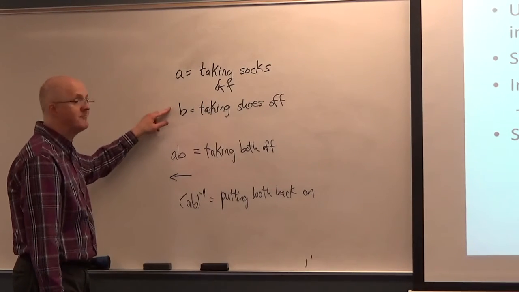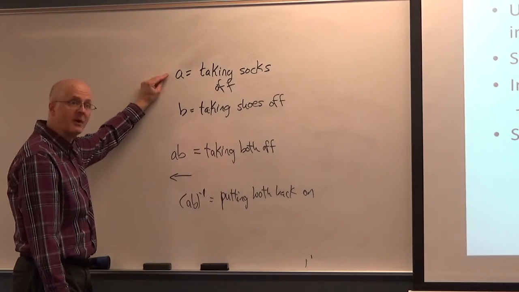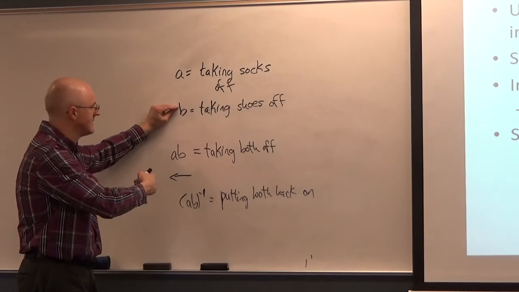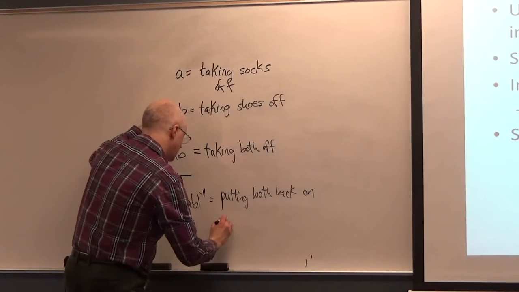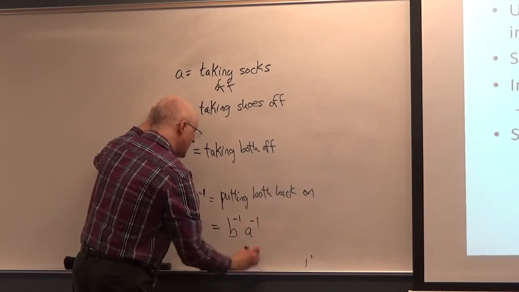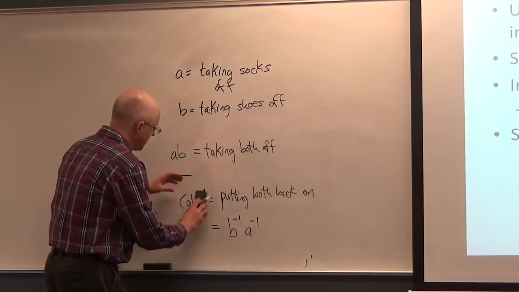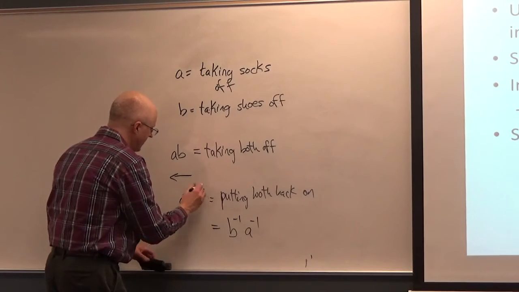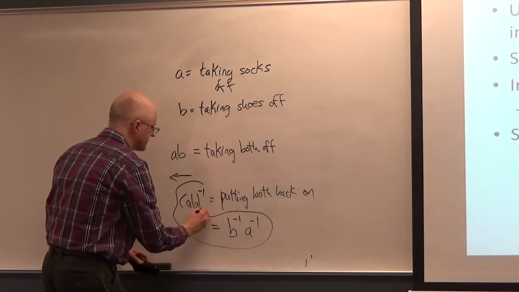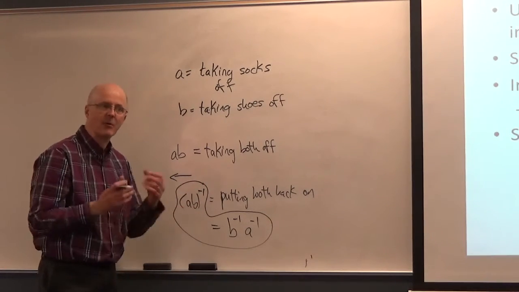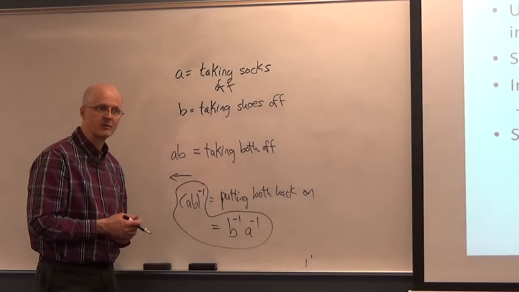You've got to apply A inverse first, and then B inverse, working from right to left. The inverse of AB equals B inverse times A inverse. You have to switch the A and the B around, the opposite order in general.